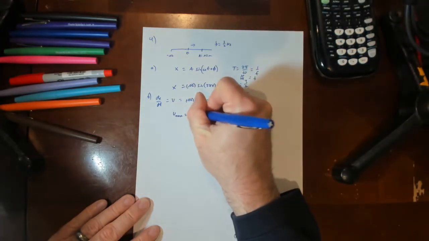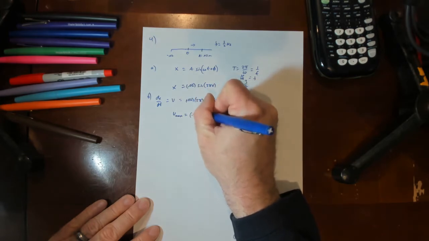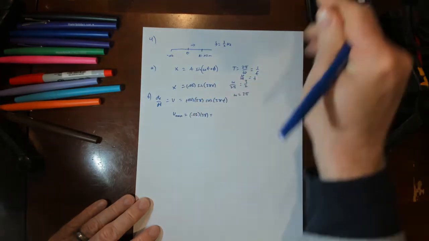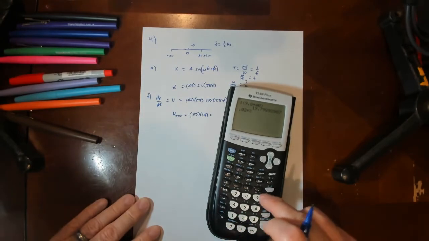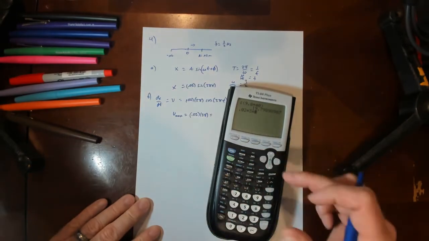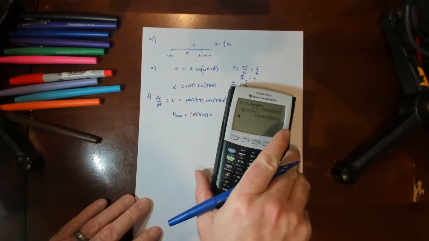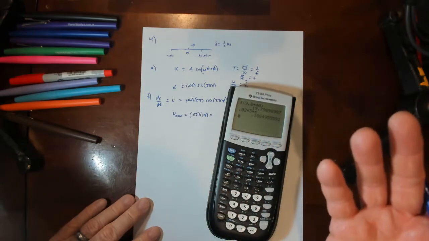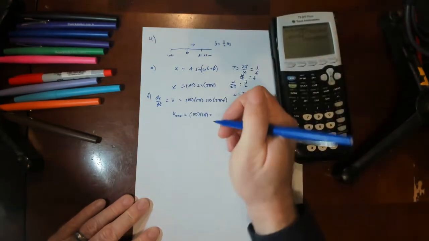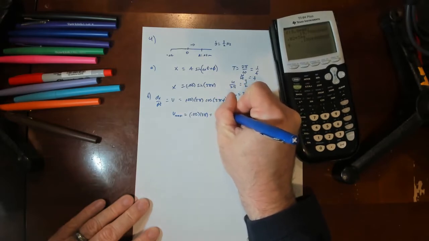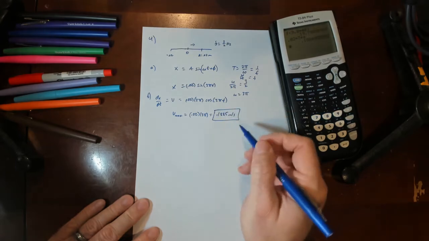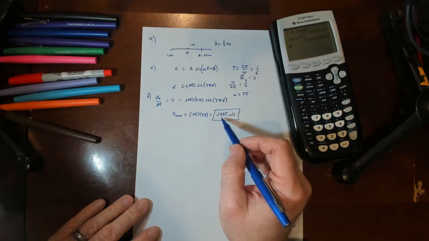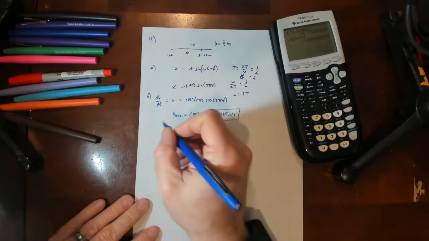In my calculator, 0.02 times 3 times pi, and I get 0.1885 meters per second, because I switched to meters. In centimeters per second, that would be 18.85 centimeters per second.